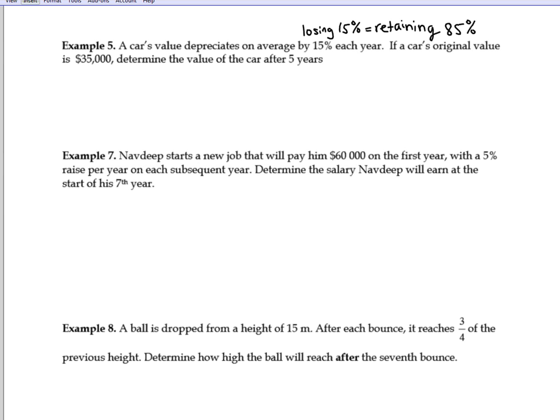So every following year is 85% of the previous year's value. Because you're losing 15%, so you're retaining 85. So your common ratio is going to be, is there a percent button on your calculator? No. So what do we have to do? Decimal. 0.85.